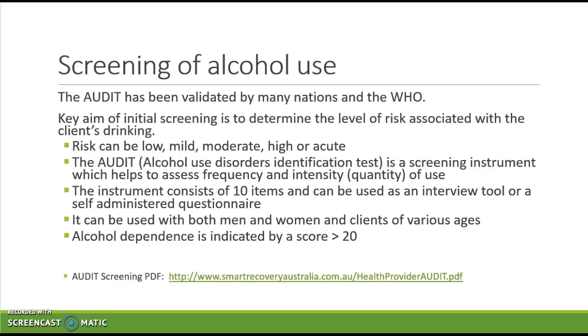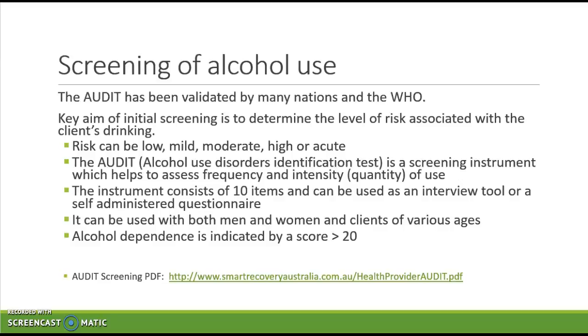So it's been validated by many nations and the World Health Organization. It aims to screen and determine risk of drinking, so it might be low, mild, moderate, high, or acute. It helps to identify the frequency of drinking and also the quantity, so the intensity of use.